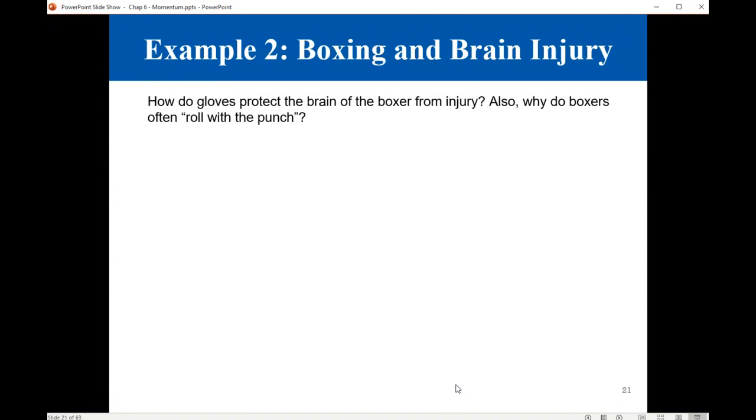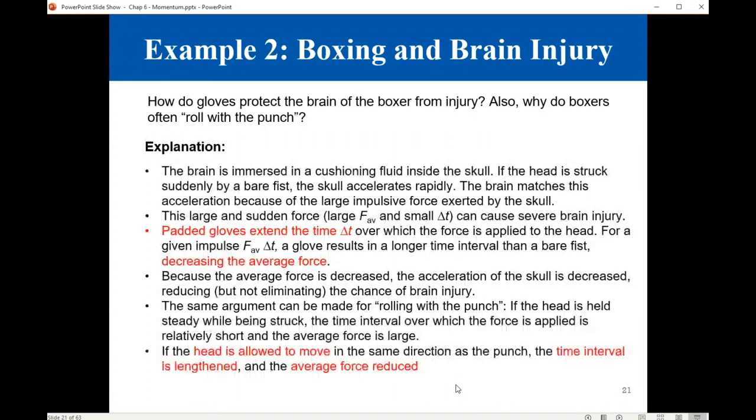In recent times, boxing became a sport, and there was nice improvement to this kind of sport to minimize the brain injury. So this is the thing that we are going to learn about in this example.